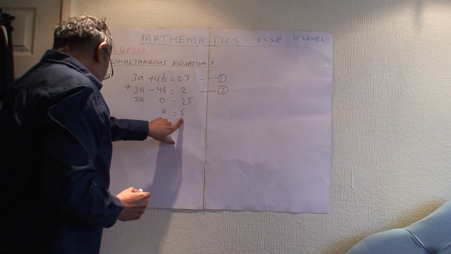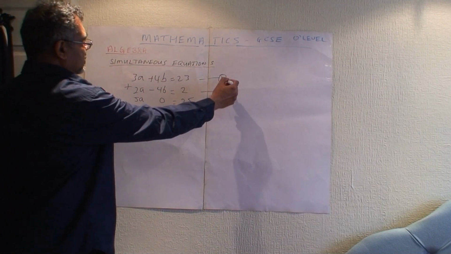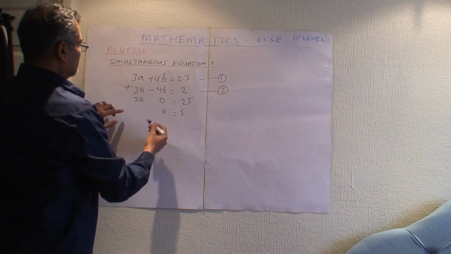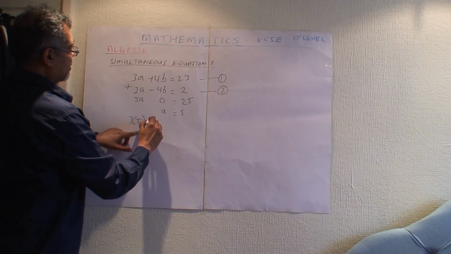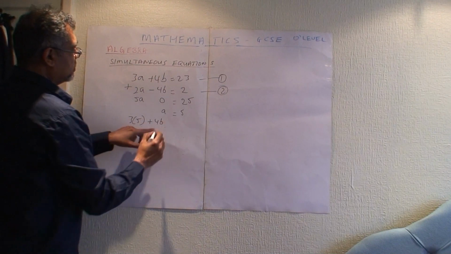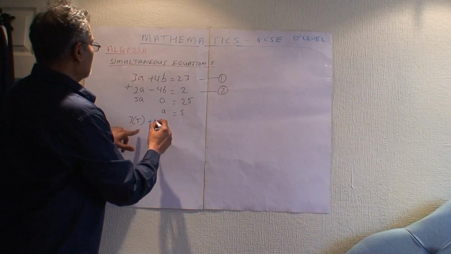So we can substitute it into equation 1. So 3 multiplied by 5, plus 4b, because we want to know what b is. We don't know what b is yet.